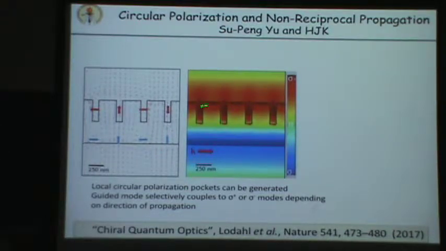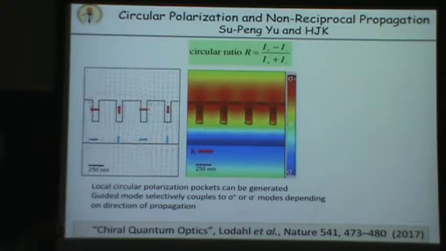And to show that better here, there's sigma plus and sigma minus, the color coding, and sigma plus and sigma minus down here. And how circular can you make this? Right here, the ratio of one-handed relative to the other is almost 100%.